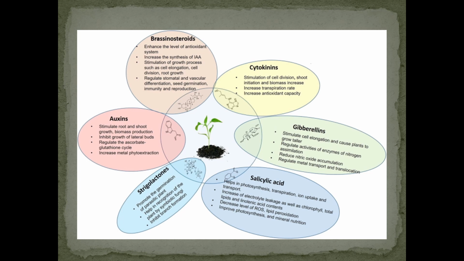One of the major scientists, Letham, in 1964, searched for substances with cytokinin-like activities and isolated zeatin from corn kernel or coconut milk, which promotes growth activities. Natural cytokinins are known to be synthesized in regions where rapid cell division takes place: the root apex, developing shoot buds and young fruits.